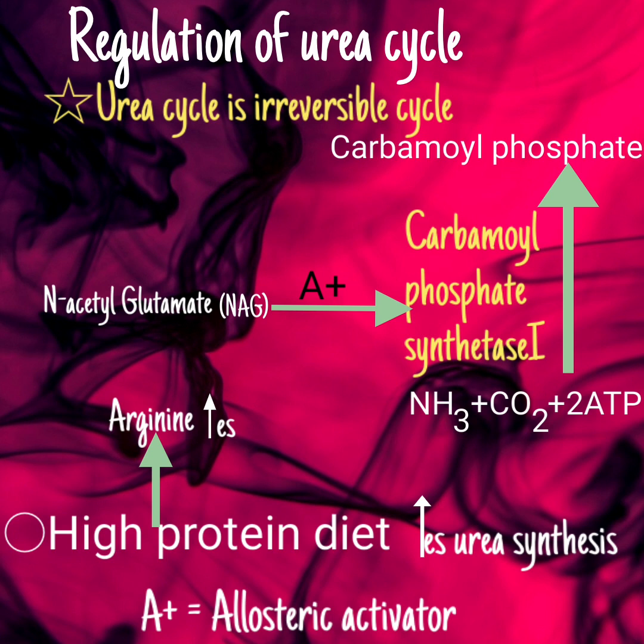And this arginine was found to be the activator of the compound NAG, that is N-acetyl glutamate. And N-acetyl glutamate in turn is the activator of the rate limiting enzyme of urea biosynthesis, that is carbamyl phosphate synthetase 1. So the increased levels of arginine will eventually lead to increased synthesis of urea in our body.